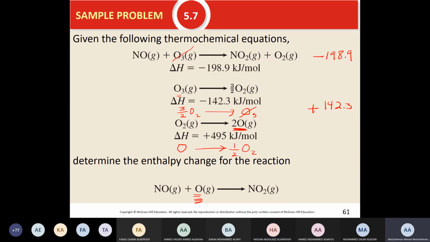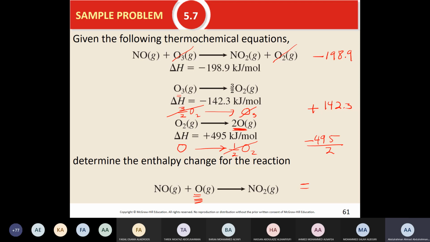What will be delta H in this case? Negative 495/2. Exactly, over 2. Now, what will happen? The O2 here, 3/2 O2, will cancel with what? With O2 and half O2. Okay, what will be the delta H for this reaction? Now you add the numbers that you wrote here. Add them together.